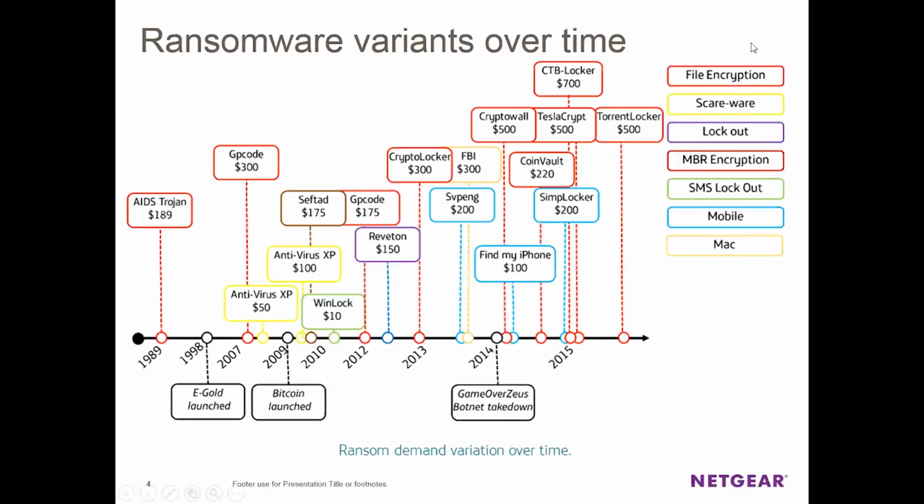As you can see, guys, the biggest one is file encryption. That's really huge. But you can also see other attacks like scareware or lockouts to lock up the computers, MBR encryption, and in the latest years we also see SMS lockout and mobile.